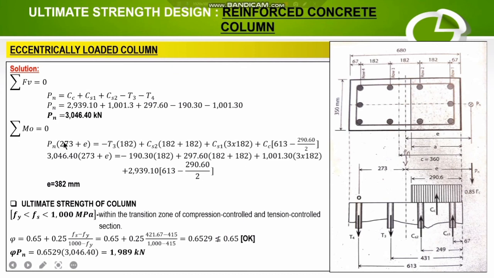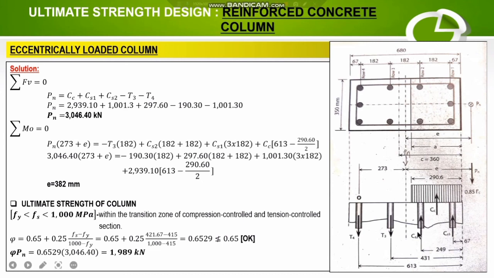So Pn times the quantity of 273 plus e is equal to, let's start with T3, negative T3 times the moment arm of 182, plus Cs2.